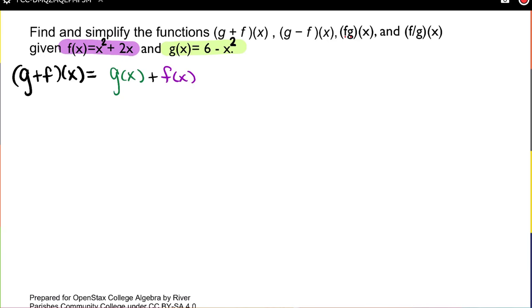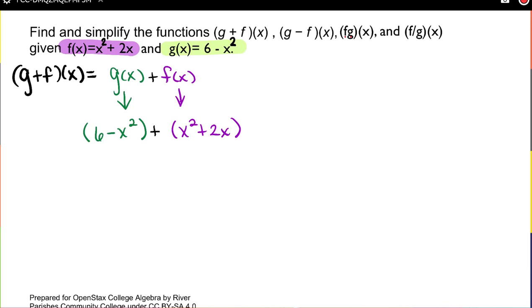So we're going to substitute those into g of x plus f of x. g of x is really 6 minus x squared. Notice I put that in parentheses, because I'm substituting it in, plus f of x. f of x is really x squared plus 2x.